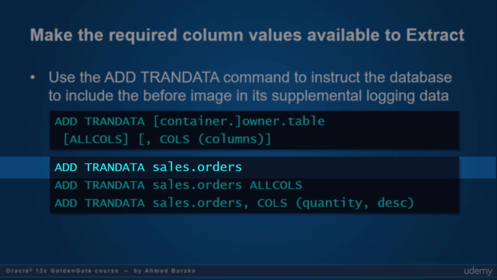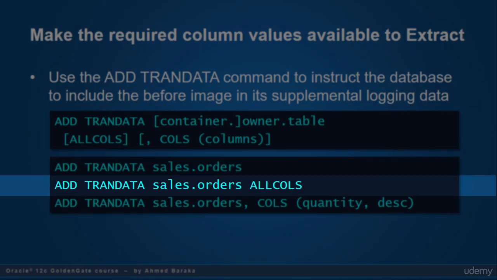The first example in the slide will instruct the database to save the primary key values, foreign key values, and the updated columns of the orders table. It doesn't include any other columns. Obviously, this is usually useless for CDR purposes.